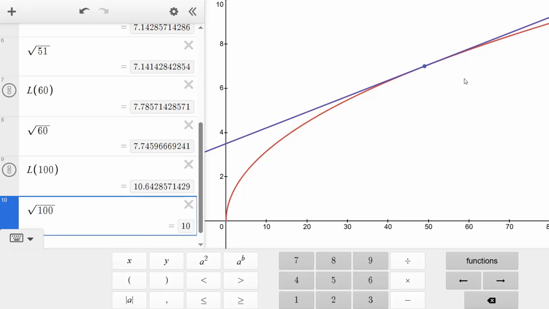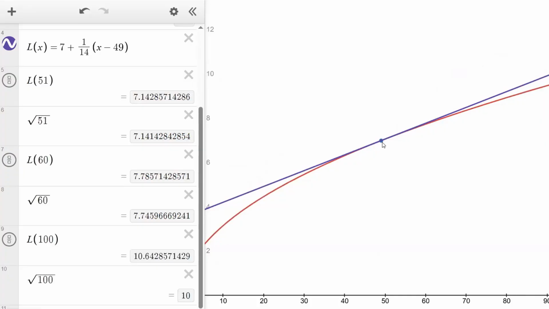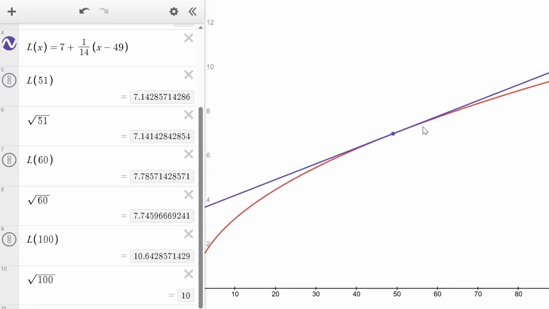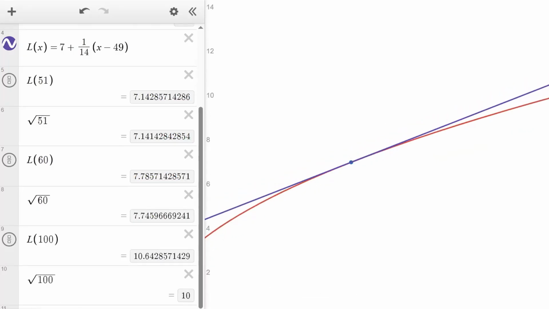I'm off by even more. And you can see if I use 49, this point right here, as my point of tangency, the further away I get, the more the tangent line deviates from the square root graph in either direction. So if I get closer to another perfect square, like 100, I would use the tangent line at that point.